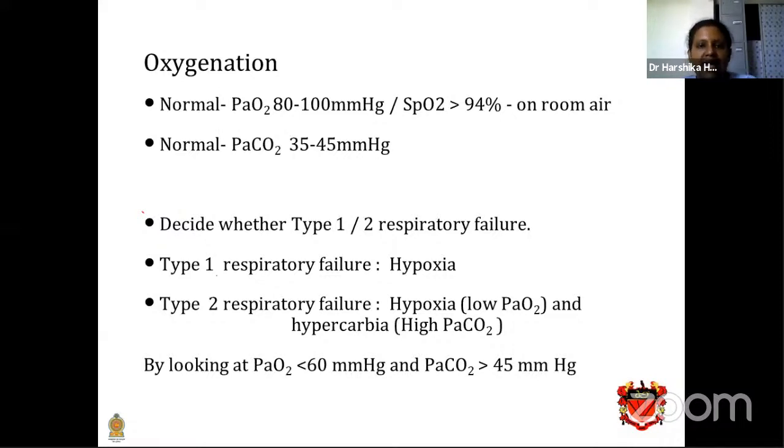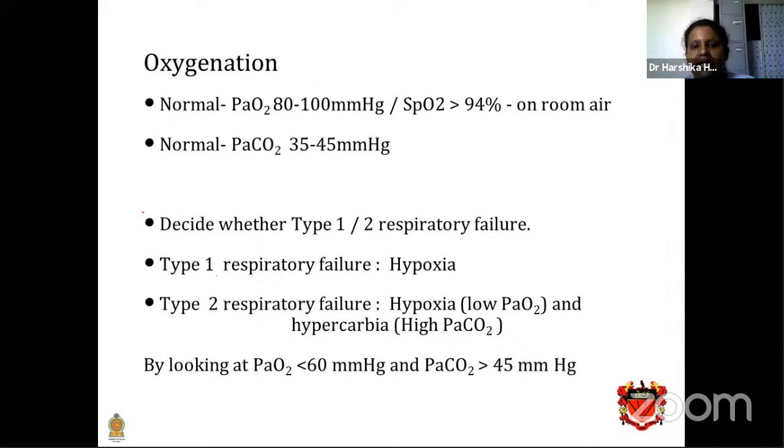So when you say hypoxia, if the arterial oxygen tension is less than 60 with normal or low PCO2, we call it a type 1 respiratory failure. Type 2 respiratory failure, on the other hand, is a ventilatory failure.